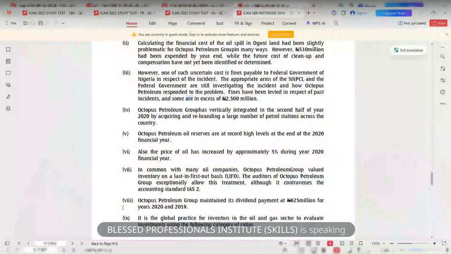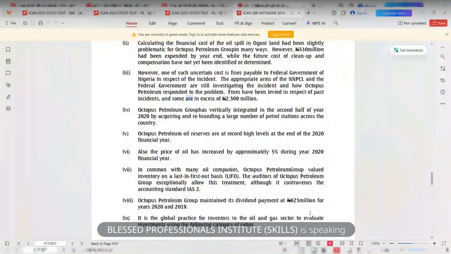And even those inventory, we don't know, something might have happened to them, because the last inventory they bought was the one they issued out. What of the ones they bought initially? They will still be there. The additional reserve necessary to service its group of petrol stations will also be a contributing factor here.